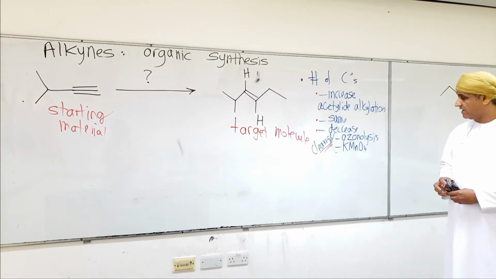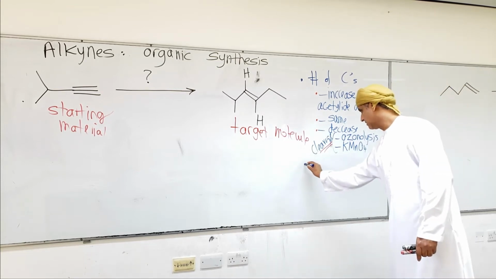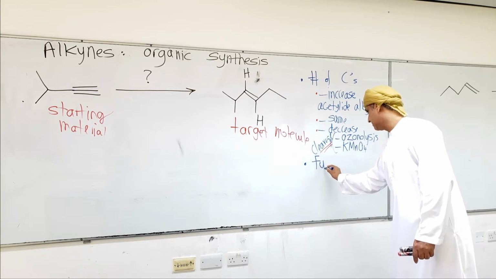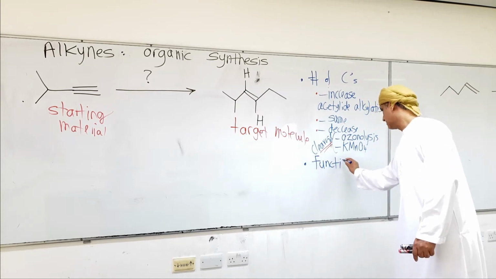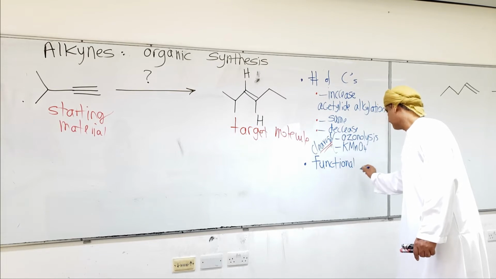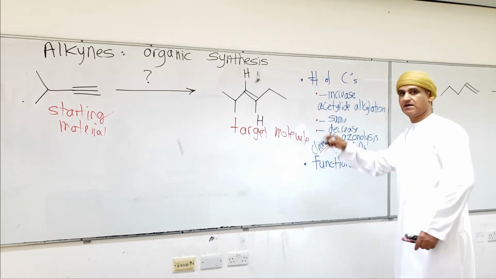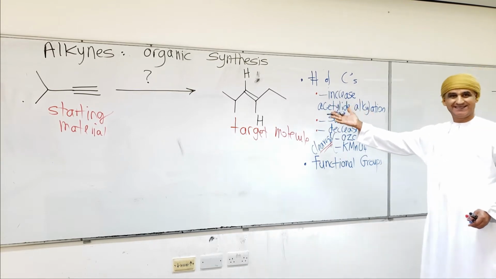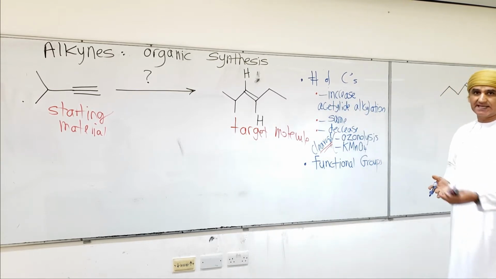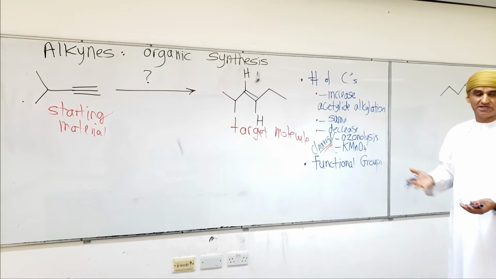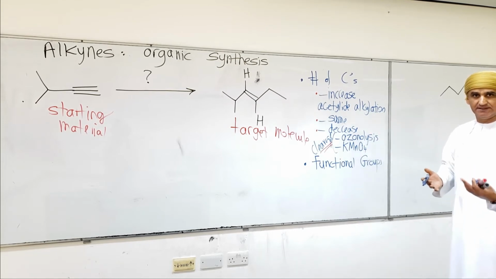The other important observation that we should make is the types of functional groups present in the target molecule. So what do we have? We have an alkene here, for example. We had an alkyne before. So there has to be a reduction at some stage in the synthesis.